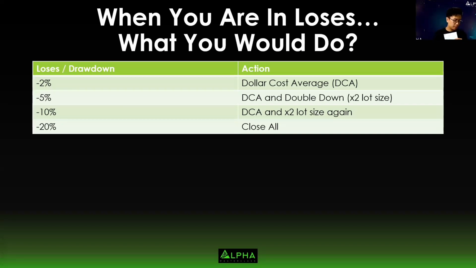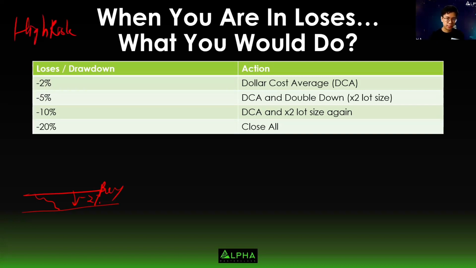So for example, let's say your account has been down by 2%. You make a buy trade, the market goes against you, now you are losing 2% of your portfolio. Now this is for me, for high risk trading. Let's say you are super high risk trading. What would you do? For me, I will buy again. Dollar cost average, I will buy again. Here I buy 0.01, here I will buy 0.01 as well.